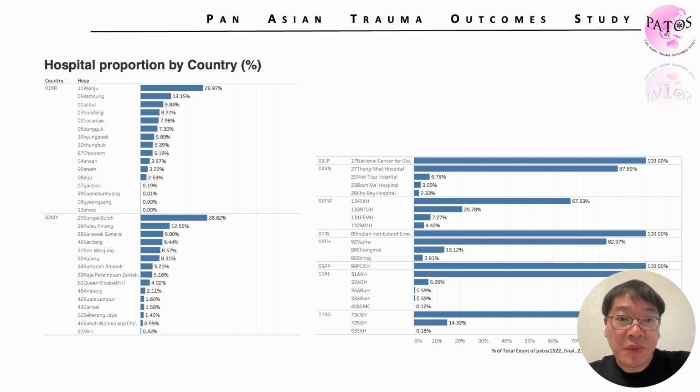But in other countries, a few hospitals account for the majority of the data input. Jeong Hospital in Vietnam about 87%, SKH Hospital in Taiwan about 67%, Vajira Hospital in Thailand about 83%, CGH in Singapore about 85%.